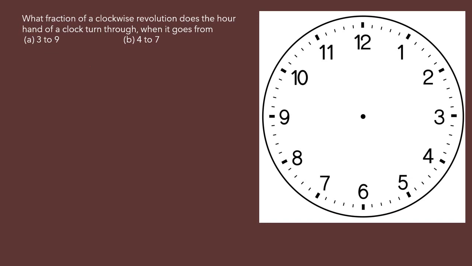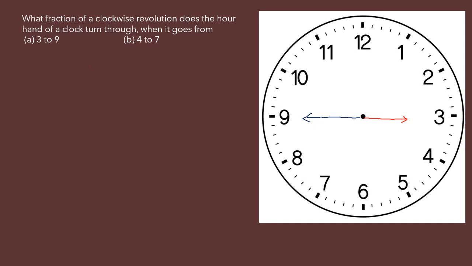Hour hand is at 3. It is going from 3 o'clock to 9 o'clock. I'll show it using another color. So it is starting from 3 o'clock and it is reaching 9 o'clock.